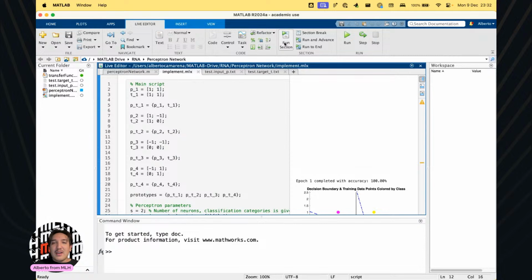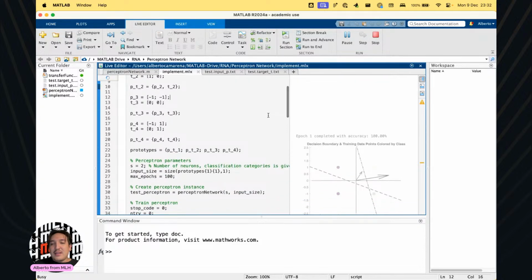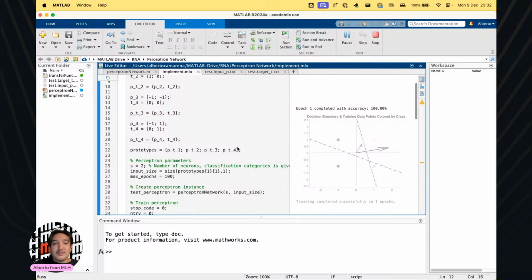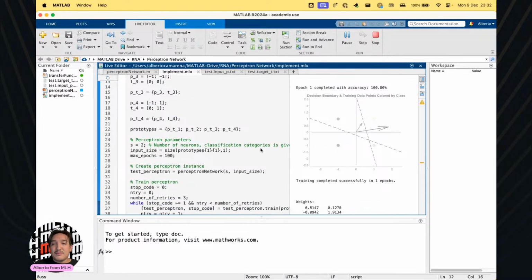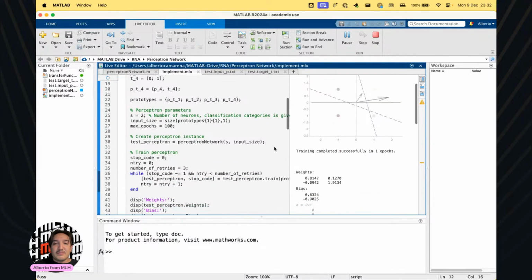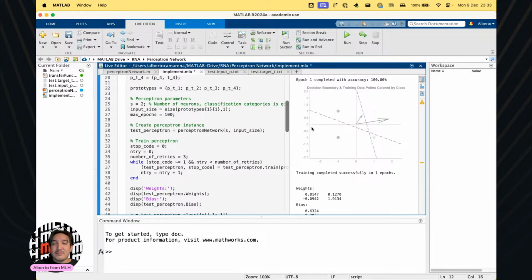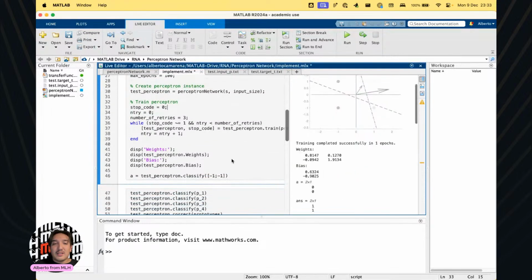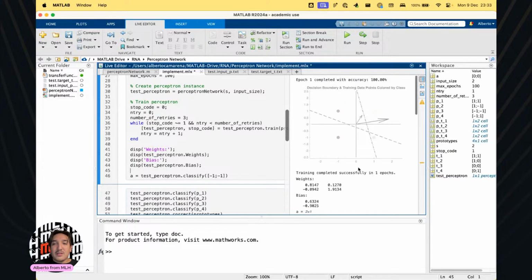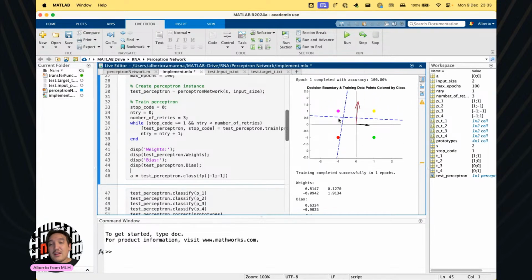But if I run it again, let's wait until this is shown. Okay, yeah. If I run it again, it found another solution because again, weights and bias started randomly.